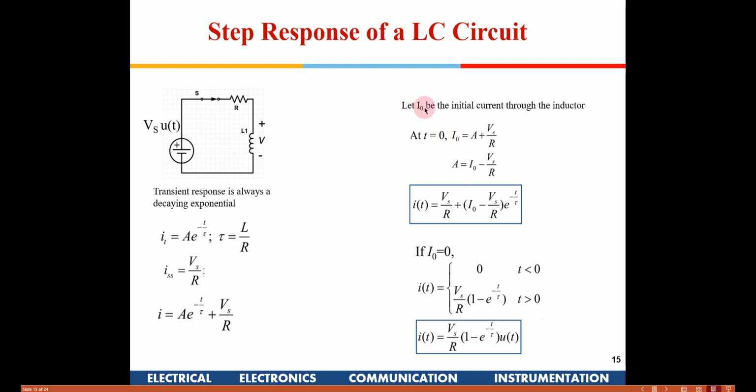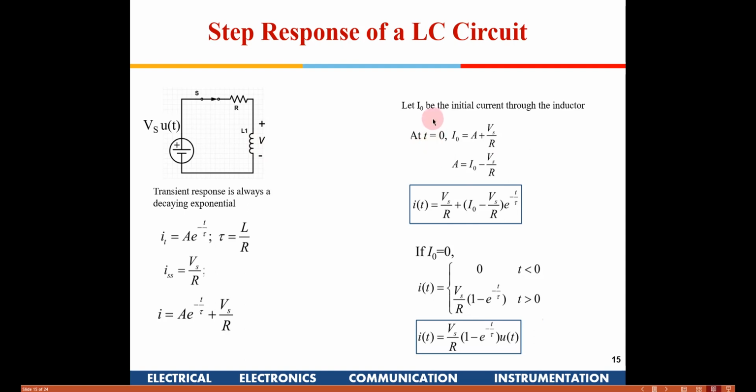So if I0 be the initial current, this is a more generalized form, where we are assuming that the inductor current is not zero when the switch is closed. There could be some current in the inductor before the switch is closed. So we are trying to derive a more generalized equation, and I equal to 0 is a more specific one of the cases.